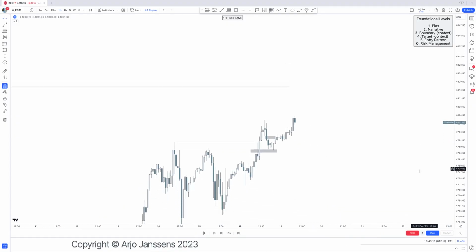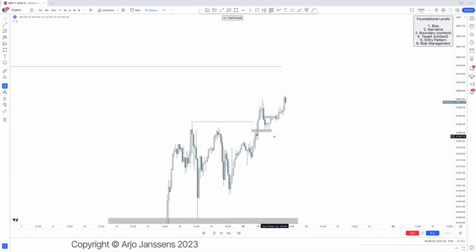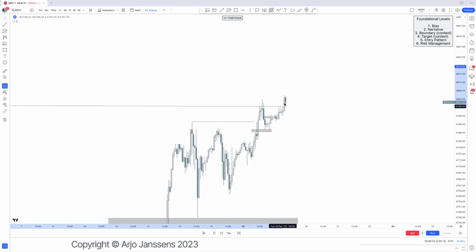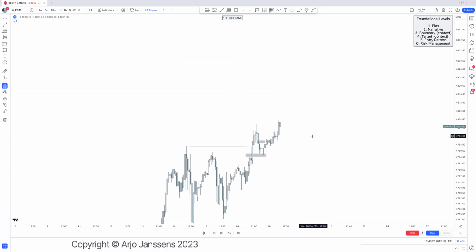So that means that the 1 hour and the 4 hour are now guiding us to the higher time frame PD array that is sitting in the form of that swing high that we had right there. So this is what you want to be doing. You want to use the daily, weekly, and monthly as the higher time frame PD arrays. The first step, mark out the closest higher time frame PD arrays, ideally fair value gaps.